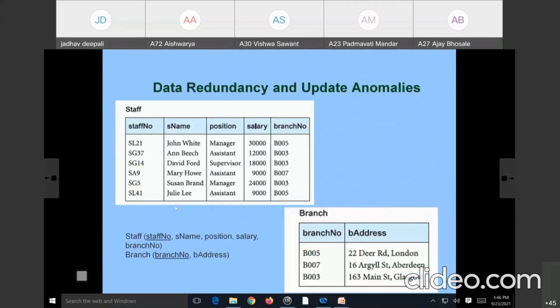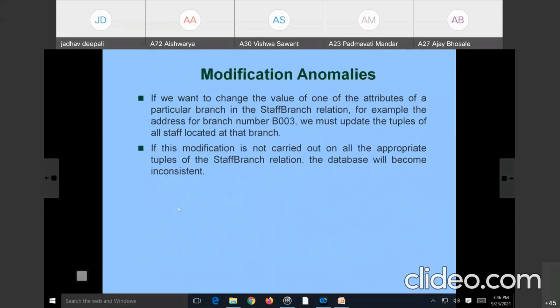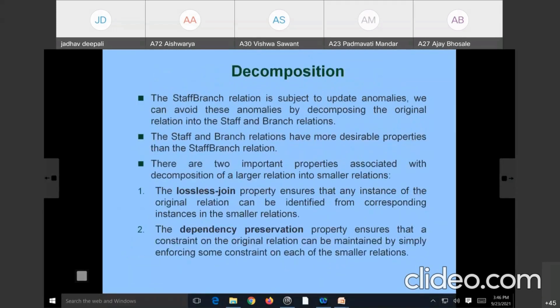So how to solve this issue? Okay, the staff branch relation. There is redundancy, and because of that redundancy, updation anomalies occur with the staff branch relation.